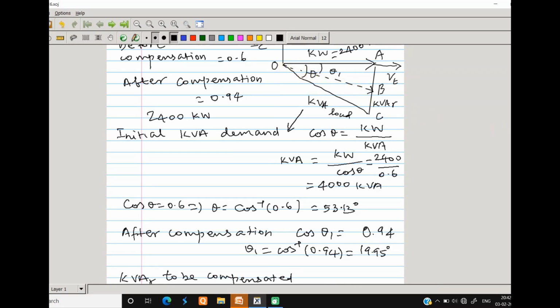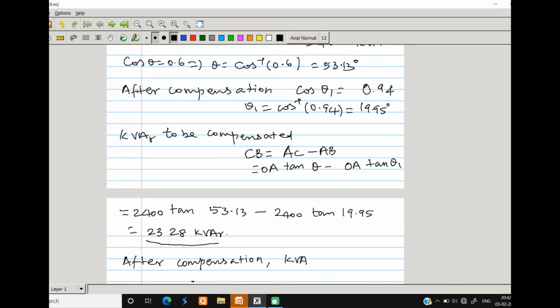What is OB? OB is related to the cos theta value, because it has been shown over here. So we need to find the value of the kVAR from the kW value, using the cos theta value.